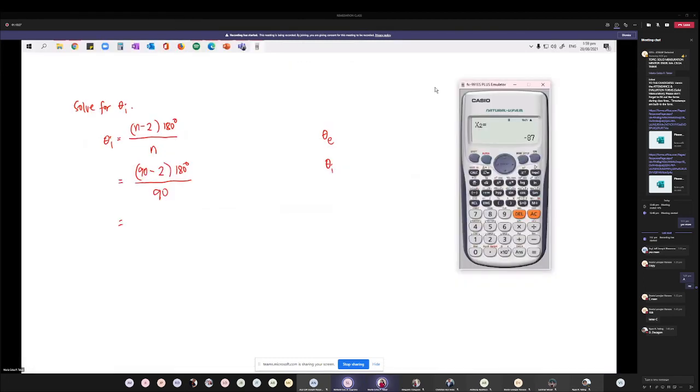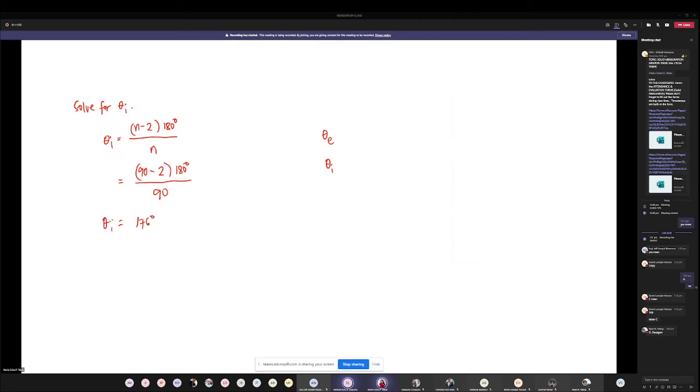You need to go back to the main mode, so press the mode button again and choose the first mode to get out of the equation mode. So it's 90 minus 2, or that's 88, then times 180, then divided by 90. So your angle is 176 degrees.